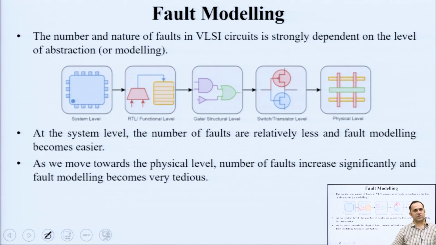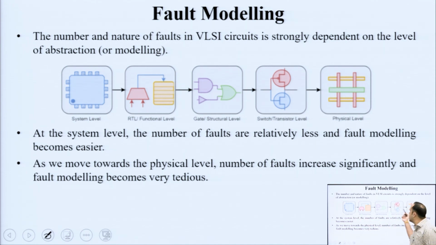You can go to the logic gate level also, which you can consider as your structural level, where a structure of gates is created. The gates are produced from transistors only, that is another level in the hierarchy. And finally, you can go to the physical level where we are actually considering how much silicon is required, what are the material properties and all.